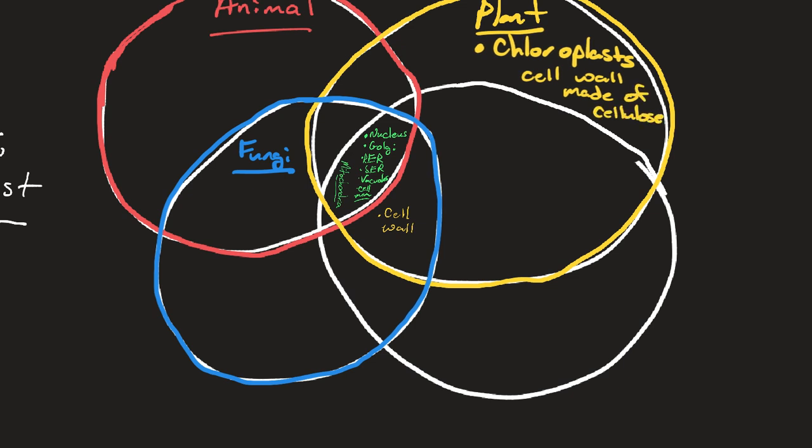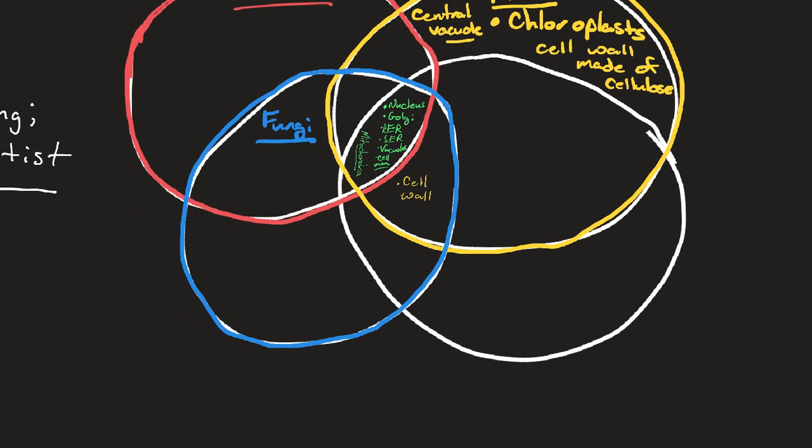And they have something else that other cell types don't have, a central vacuole. Now, fungi have cell walls, but they don't have chloroplast. So they eat. They have all these other organelles, but they don't make their own food like plants do. They eat dead things.